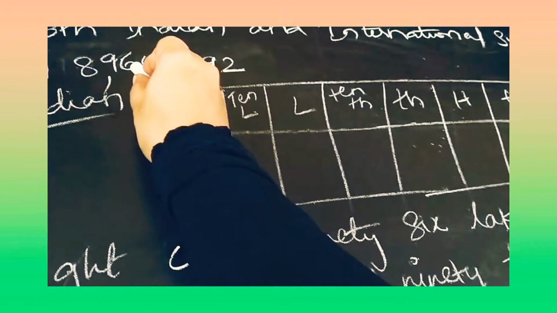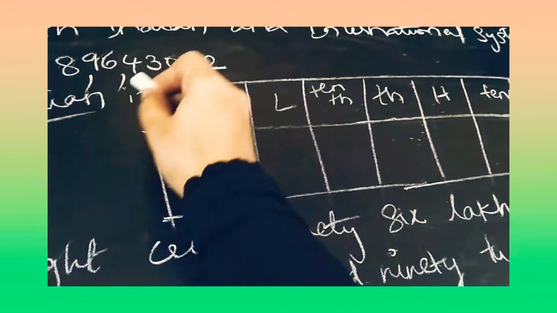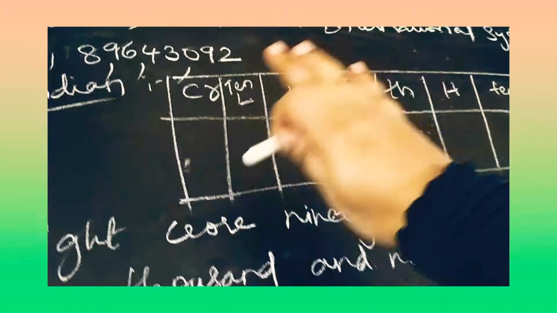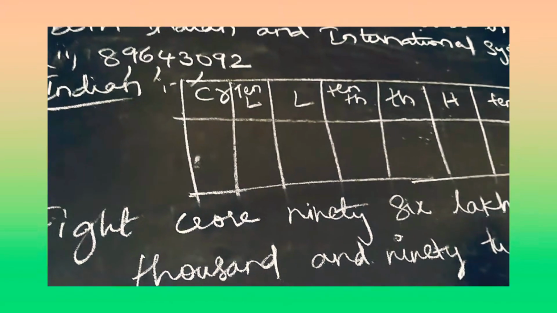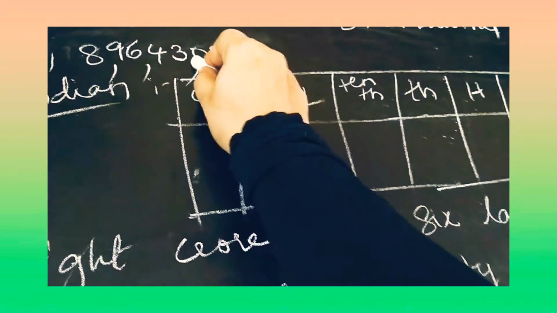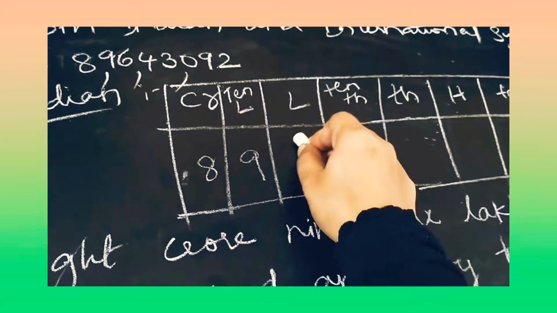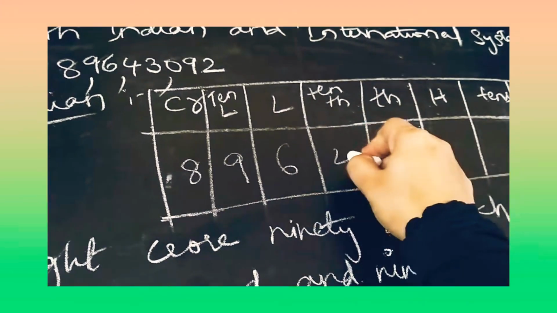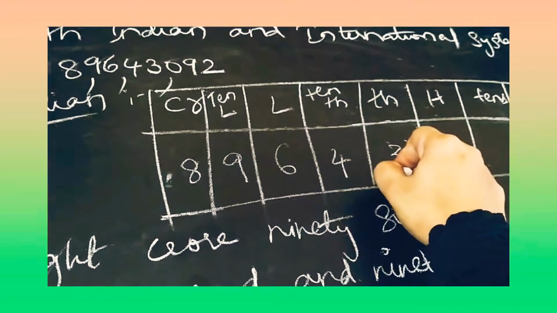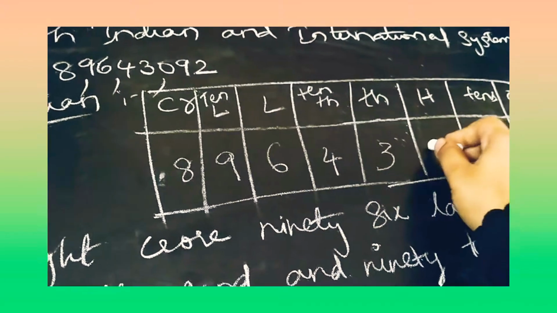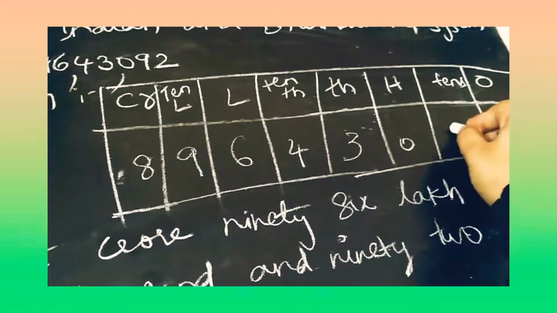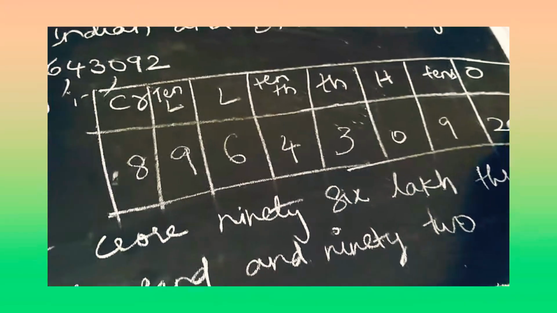Okay, it is 8 crore, 96 lakhs, 43,092. Okay, so here it is 8 crores, 96 lakhs. Okay, 43,000. 0 is there in 100 and 92.